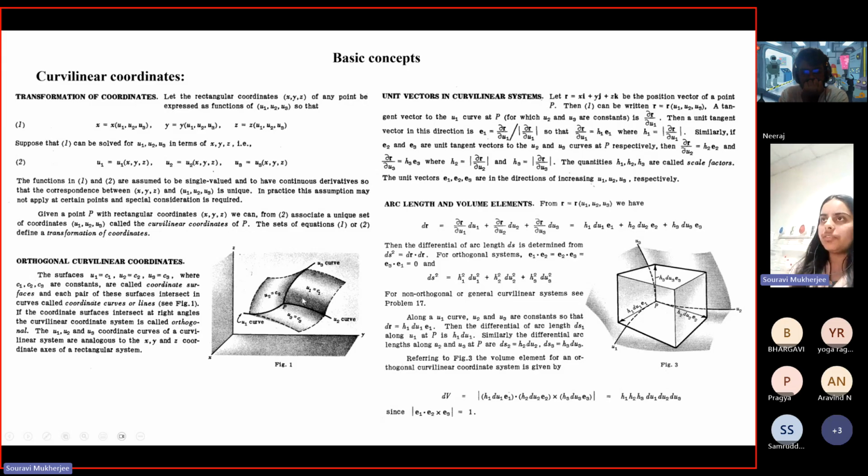When these three surfaces intersect, you get a point, and these three surfaces can result in a different coordinate system. Where two surfaces intersect, you get a line. So where the u2 and u1 surfaces intersect, you get the u3 curve line. Similarly, you have a u1 curve line and a u2 curve line. So now you have these three curve lines, and suppose you have some point or some vector, you want to represent it based on this coordinate system.